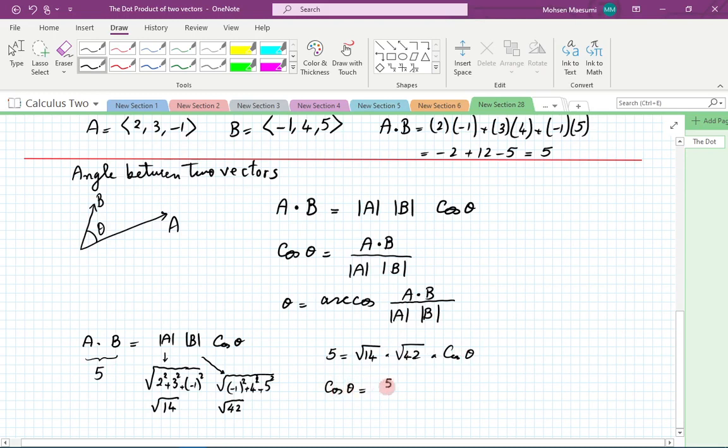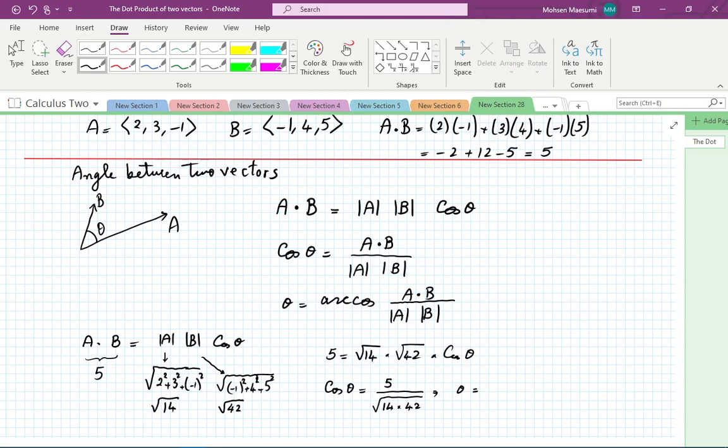Cosine becomes 5 over the radical. You can put them into one radical, or you can separate them into two. So 5 divided by this is the cosine of theta. Then you might as well delegate the whole thing to the calculator to find it for you. Of course, you have to make sure which kind of unit you want, degrees or radians or grad or whatever, and then you calculate your angle.